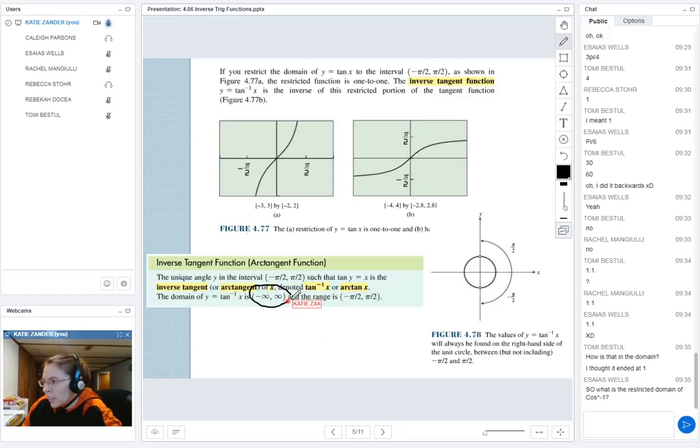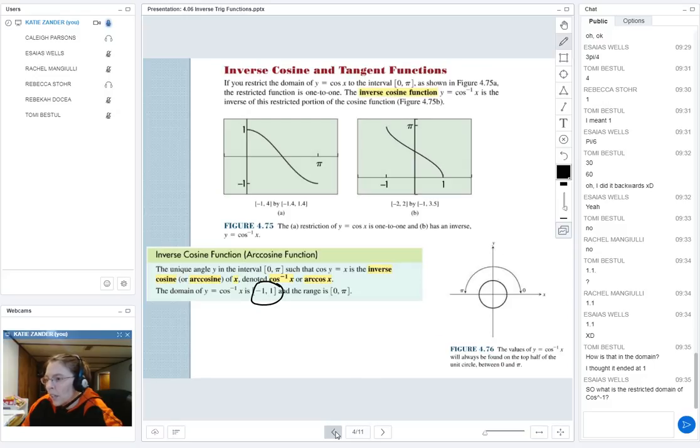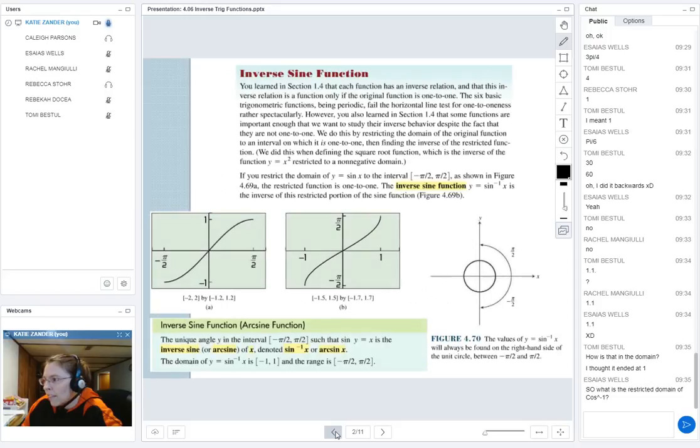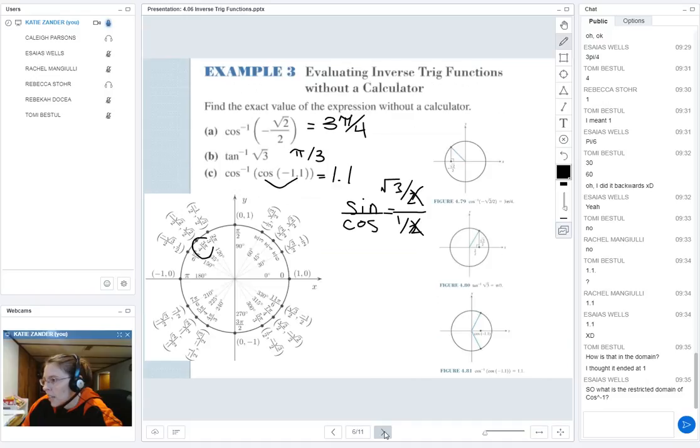Tangent's a little bit different. Tangent, there is no restriction really, but you should be looking in quadrants 1 and 4. But for sine and cosine, if I go back, the domain is -1 to 1. So it's just barely outside of the domain, but that's what it is there.